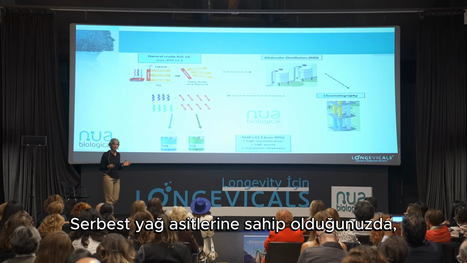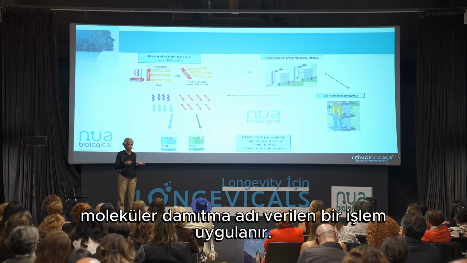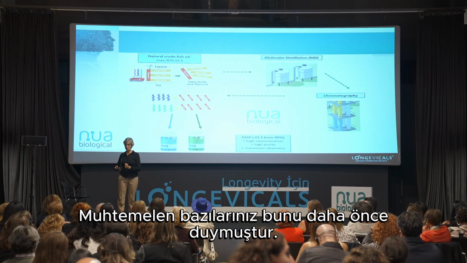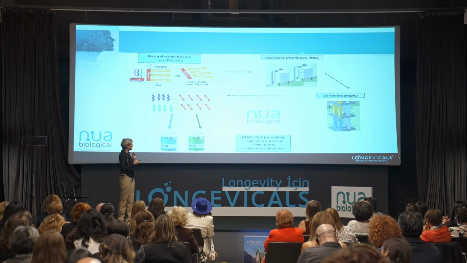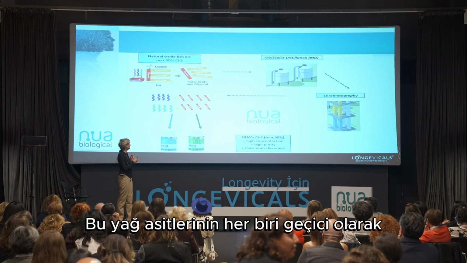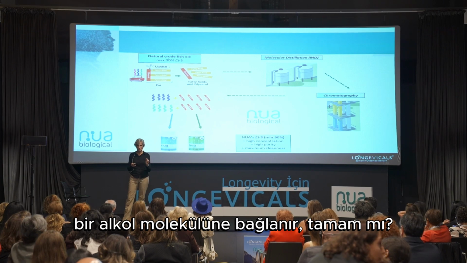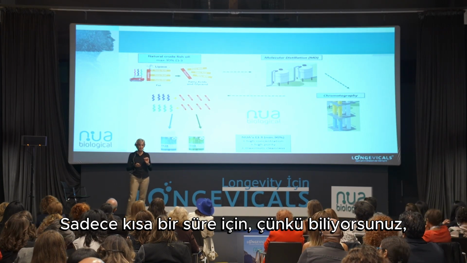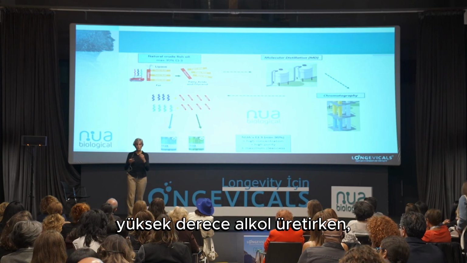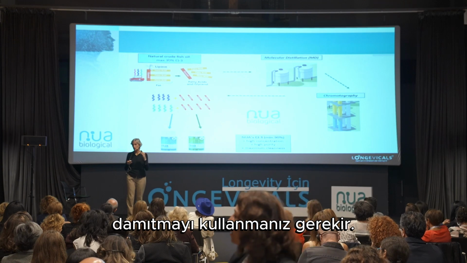Now, when you have free fatty acids, then in the industry, they do a process called molecular distillation, which probably some of you have heard about before. Now, what molecular distillation means is that each of these fatty acids is going to be linked to an alcohol molecule, just temporary, okay? Just for a short time. Because as you know, when you produce high degree alcohol, you need to use distillation.